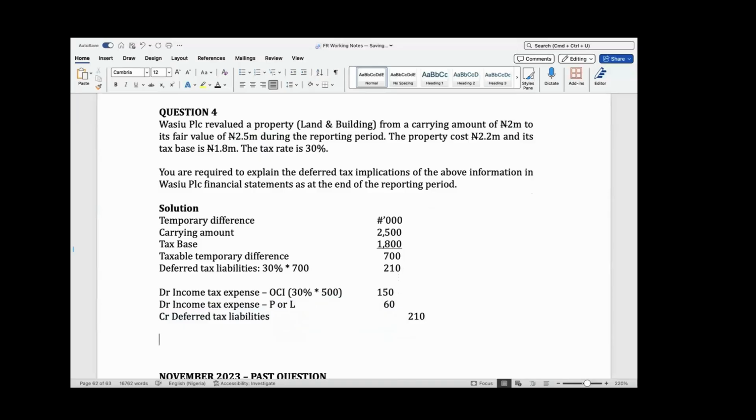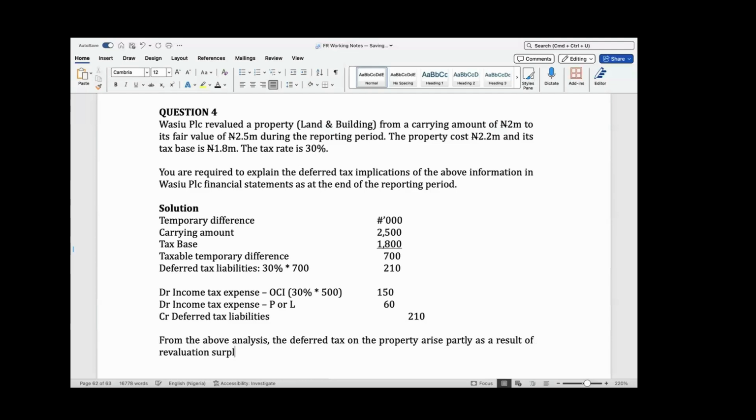So from the above analysis, the deferred tax on the property arises partly as a result of revaluation surplus, being the difference between the carrying amount of the asset of 2 million and the fair value of 2.5 million.